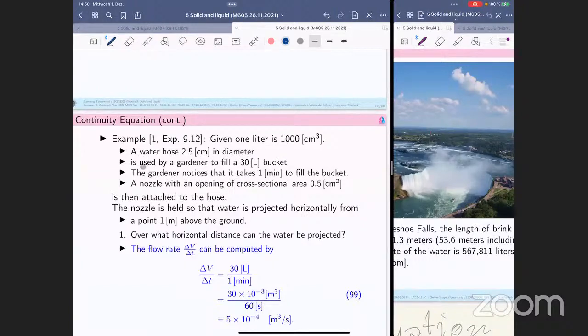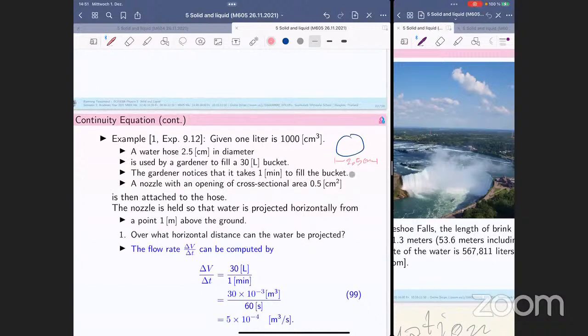It is used by, okay, let's draw it. Here is the cross-sectional view of the hose, and the diameter is 2.5 centimeters. It's used by a gardener to fill a 30-liter bucket, and the gardener notices that it takes 1 minute to fill the bucket.